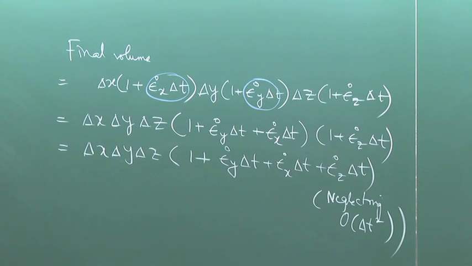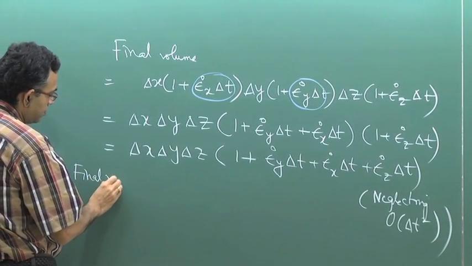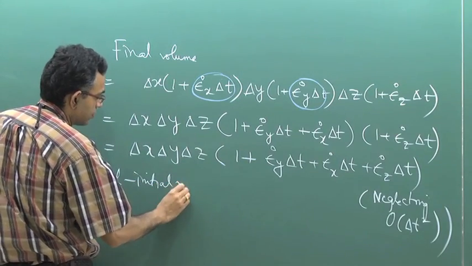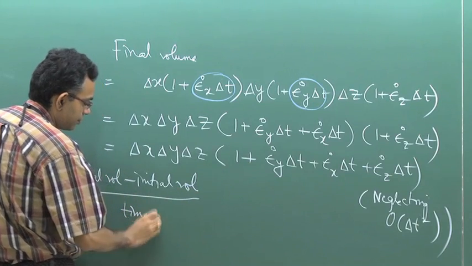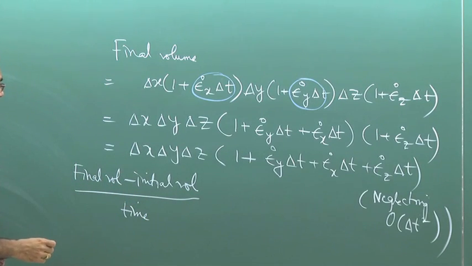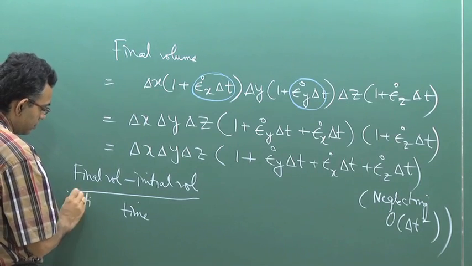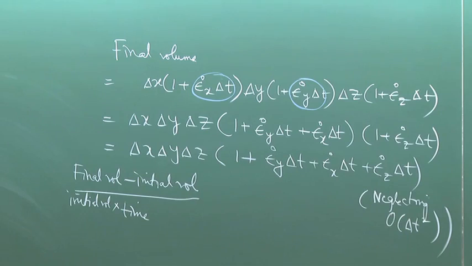So, final volume minus initial volume by time divided by initial volume. What is this?